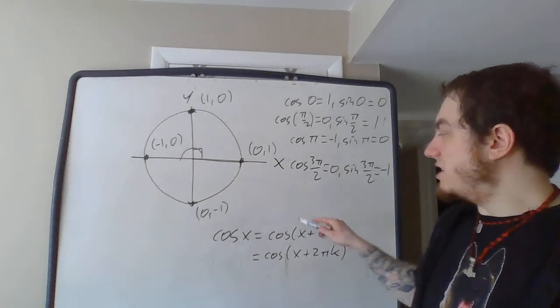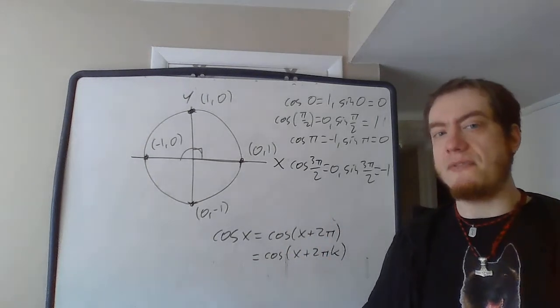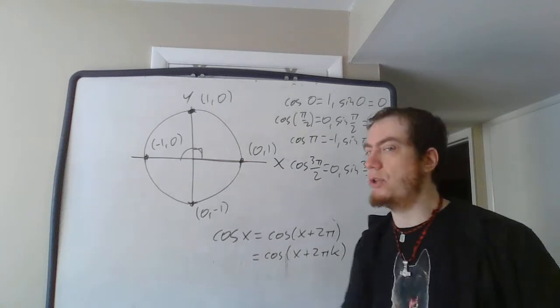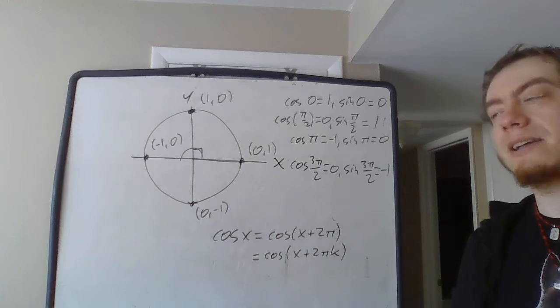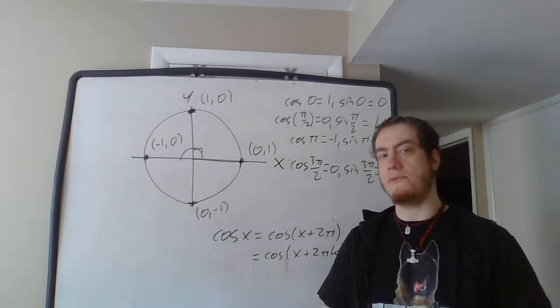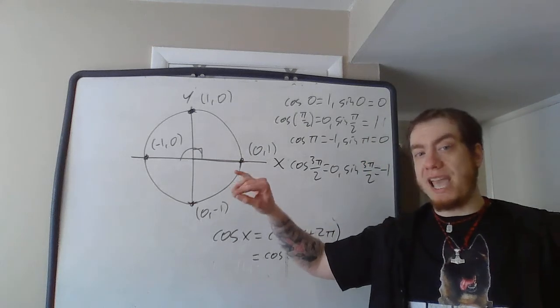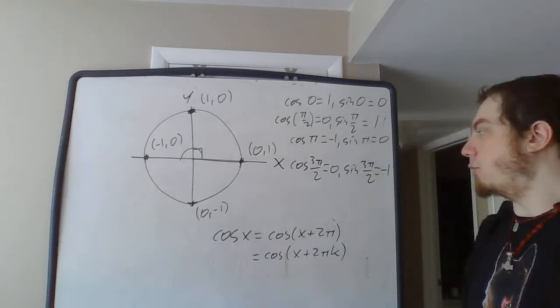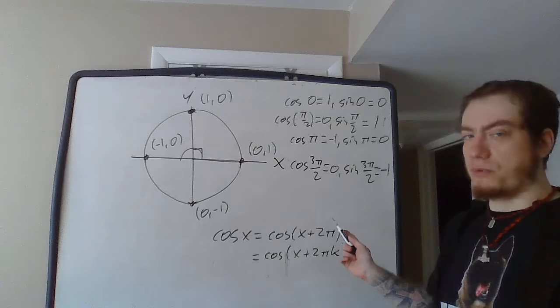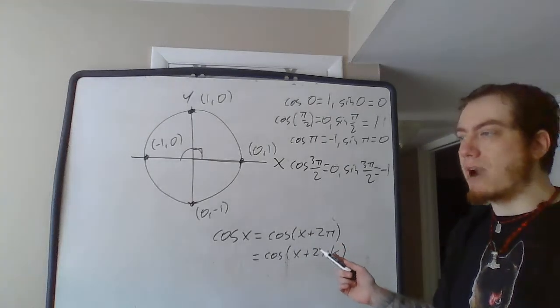In other words, these functions keep on repeating themselves, and that's not something a polynomial can do. It's actually not even something a rational function can do. If you go back to the way rational functions behave, they eventually have to start asymptotically approaching a polynomial. So there is no formula for these in terms of polynomials or even rational functions.